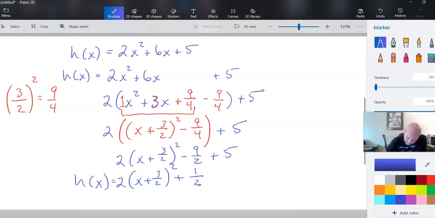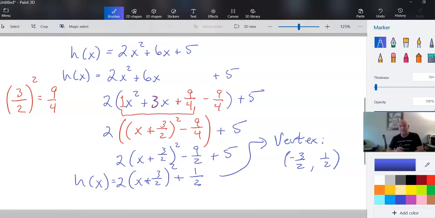And from there we can still pull out the vertex, right? The vertex is going to be the opposite of this. So it's going to be at negative 3/2 and positive 1/2. Okay, so we can actually pick out the vertex.